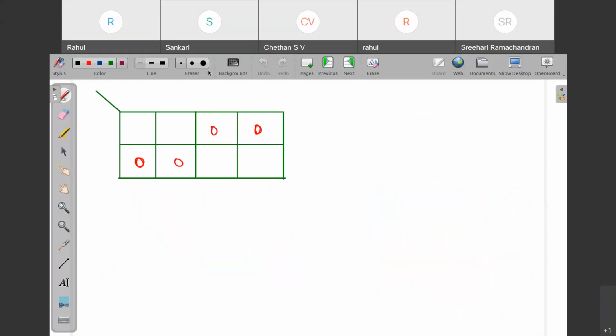Now, what will this be? What function will you get?